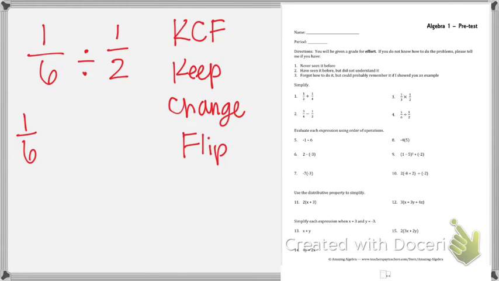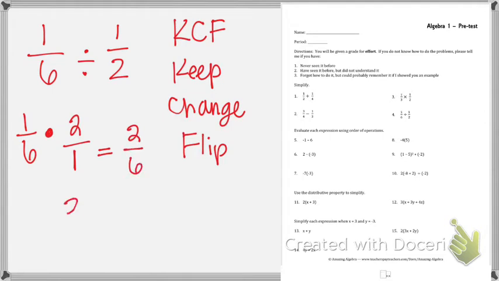We are going to change our sign. So the opposite of dividing is multiplying. Then we're going to flip our fraction. So instead of it being 1 over 2, it's going to be 2 over 1. Now we have a multiplication problem, which we just learned that you multiply straight across. So 1 times 2 is 2. 6 times 1 is 6.